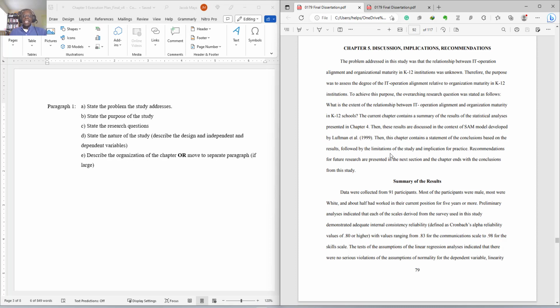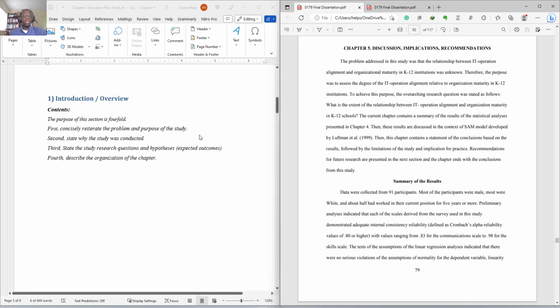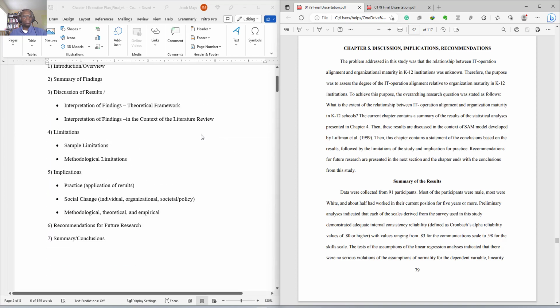All right, so Dr. Francine actually outlines the organization of her chapter in the first paragraph. So she used a 1-paragraph format. Okay, then let's see. The current chapter contains a summary of results. Okay, right, we had already talked about the organization of the chapter.